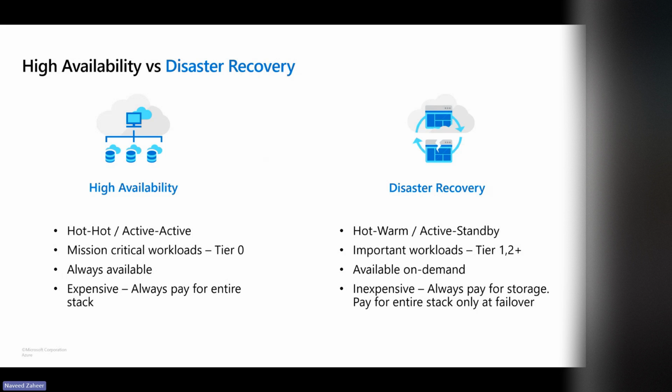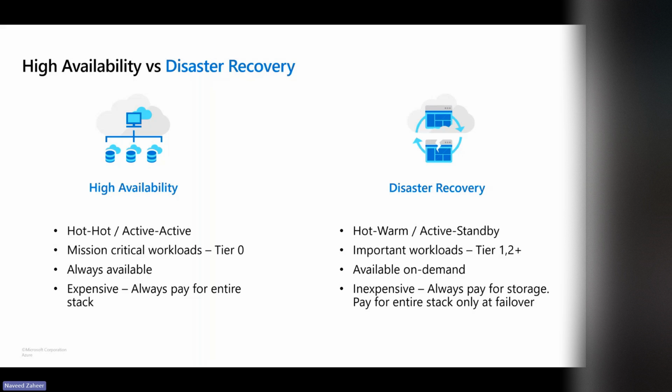On the other hand, disaster recovery is about hot and warm or active standby. You have an active site running, and then you have a standby site with a skeleton infrastructure, like storage and network, not the compute, because compute is the most expensive part. You can bring that site up quickly based on the failure of the original site.